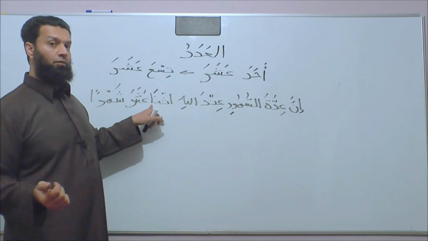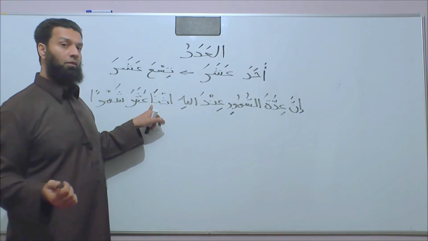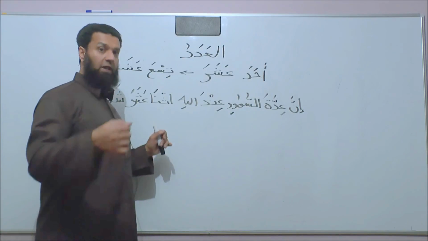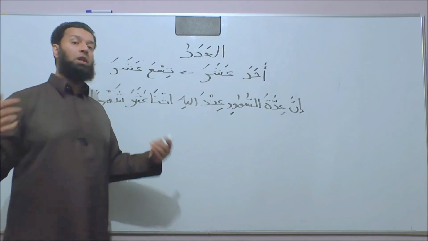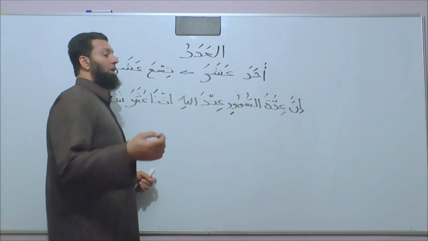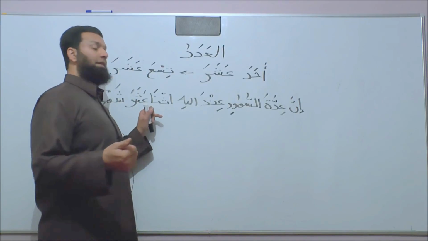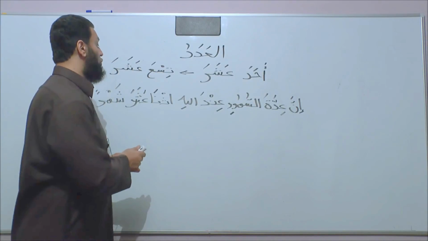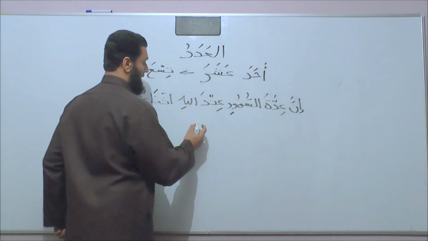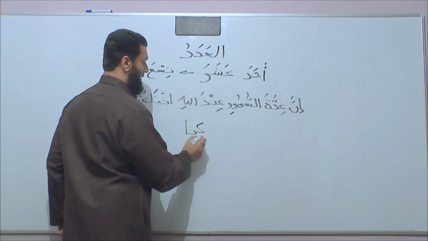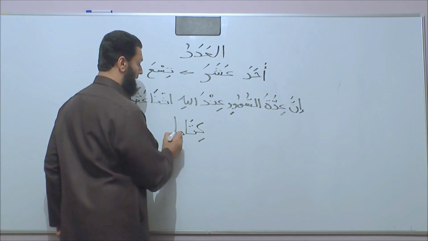So alif takes the position of the dhamma, what ordinarily would be a dhamma on an ism which is mufrad. Here it's the alif. Just like in any normal dual. Here, kitabani.